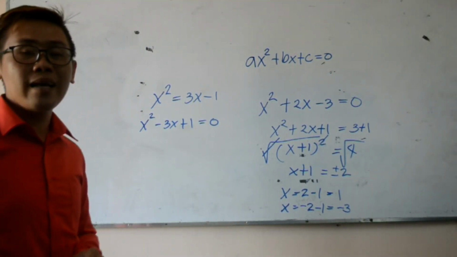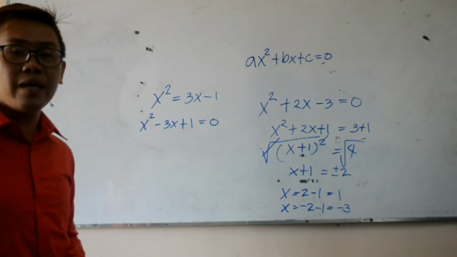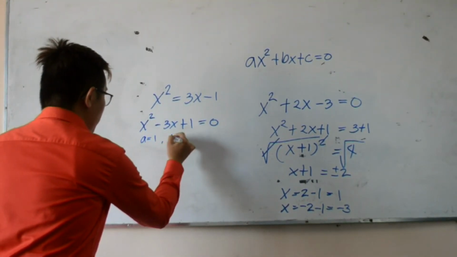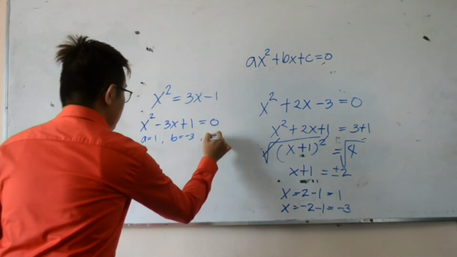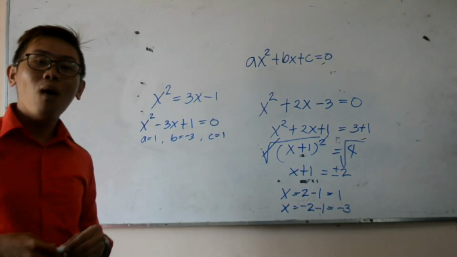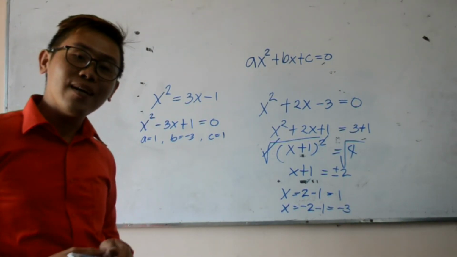Now we can identify the values of a, b, and c. In this case, our a is 1, our b is negative 3, and c is equivalent to 1. Now, what is the quadratic formula?